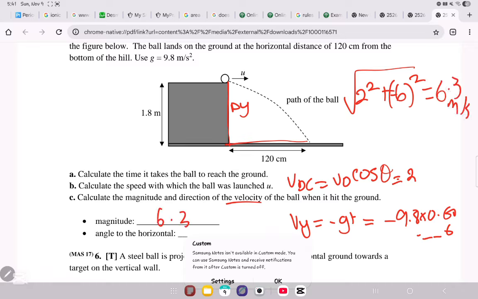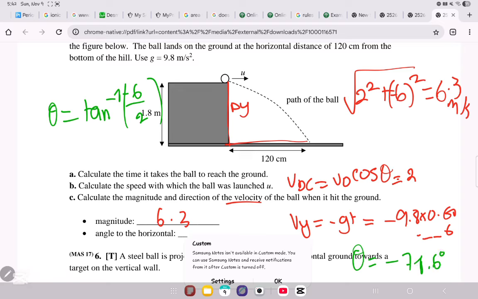Now they want the angle theta. So it's tangent inverse y over x, so minus 6 over 2. So tangent inverse minus 6 over 2. So basically, the answer key is wrong. The answer is supposed to be minus 71.6 degrees.